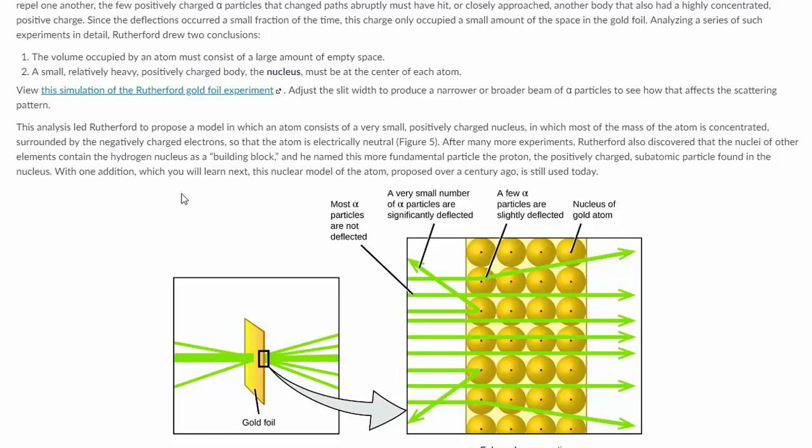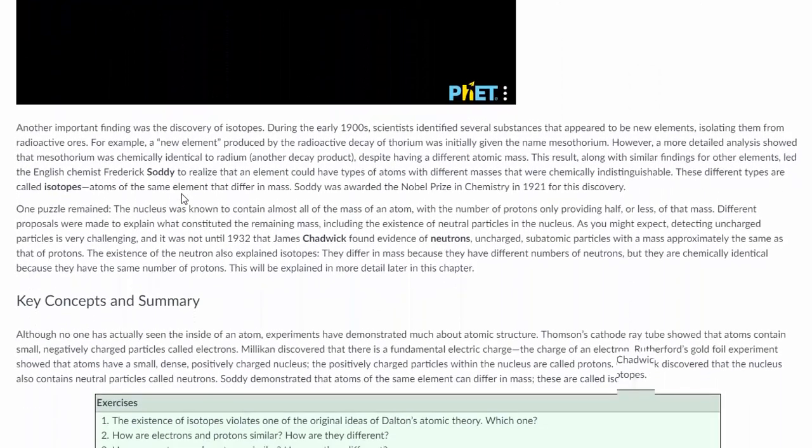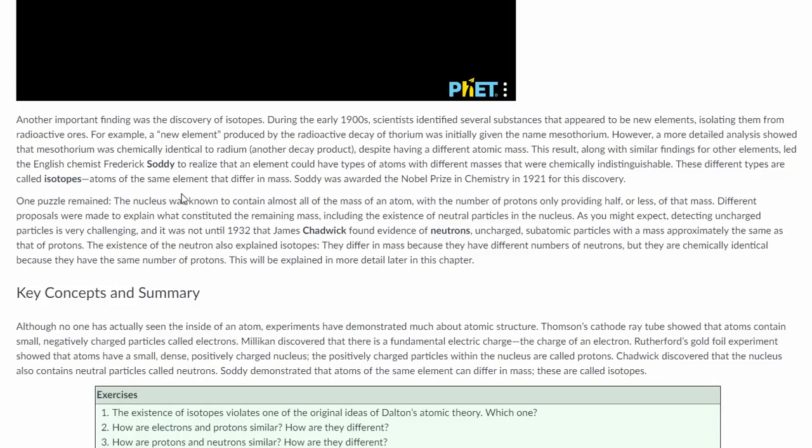So now we know we have a nucleus, and in that nucleus we know we have protons. We also know we have electrons that are basically in this halo-like ring structure on the outside of the atom. But then we ended up finding out that some atoms that are chemically identical will have different atomic masses.